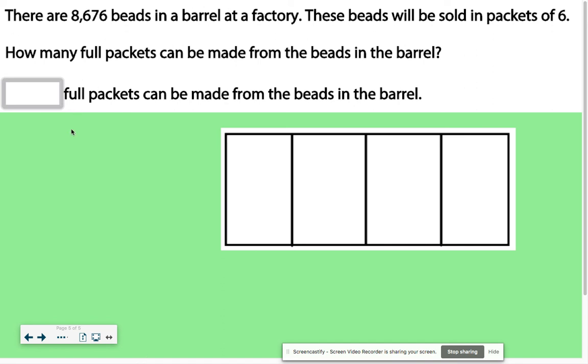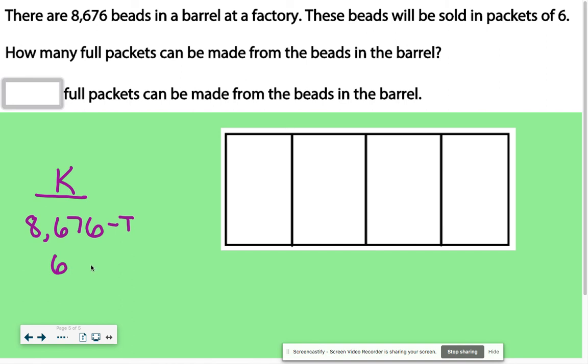Welcome back. There are some knowns in this problem. The very first known is 8,676. And my next known is 6. There are 8,676 beads in a barrel factory, so that's a total.